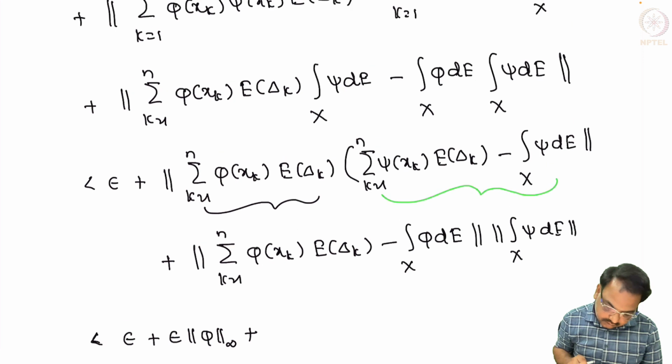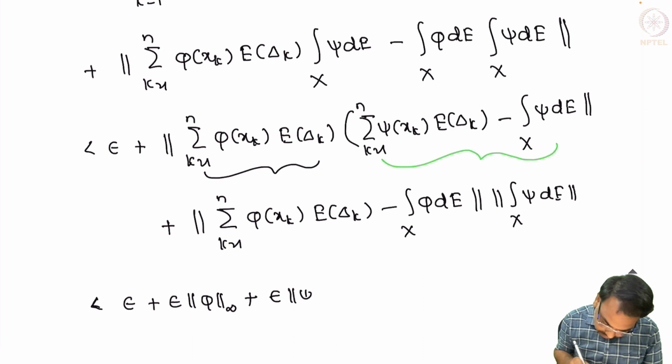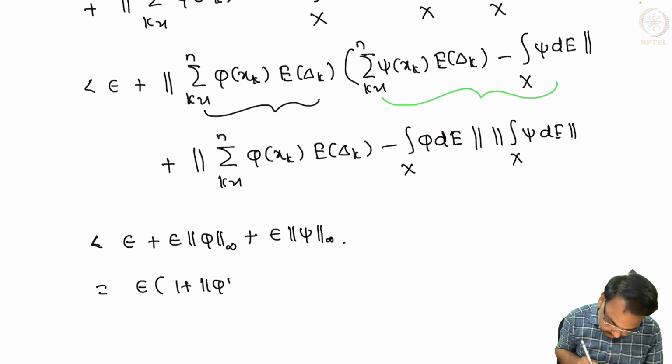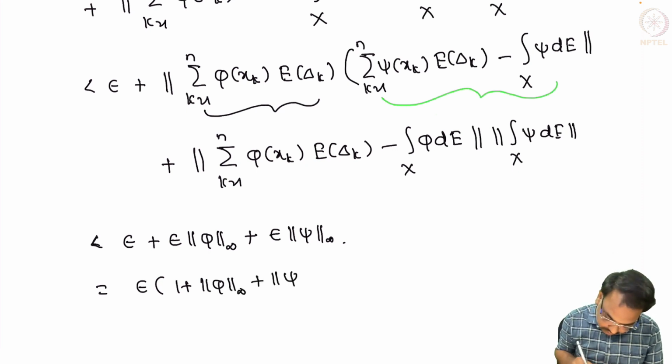In the last term, the first factor is less than epsilon and the second factor is less than the sup norm of phi, so this is nothing but epsilon into 1 plus sup norm of phi plus sup norm of psi.